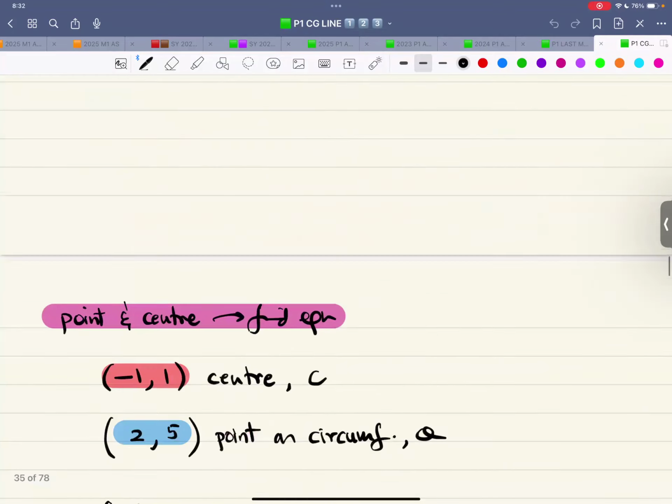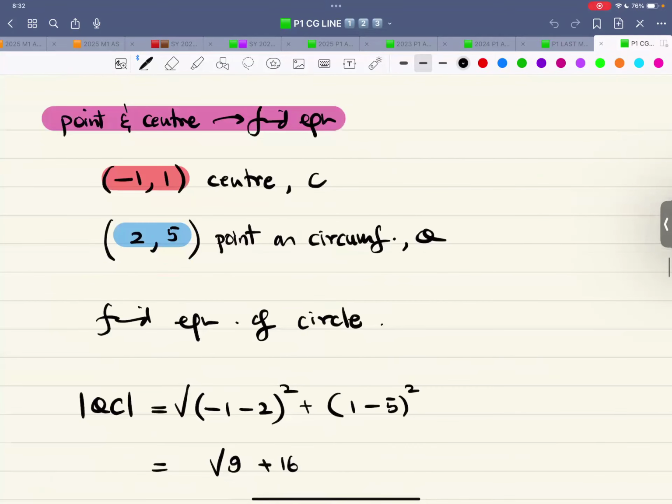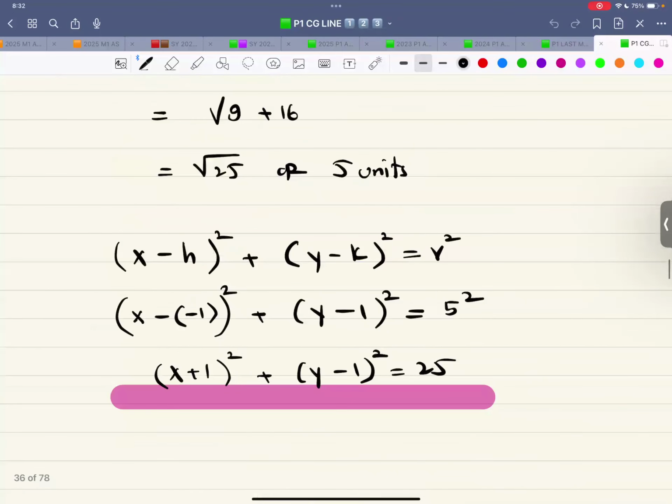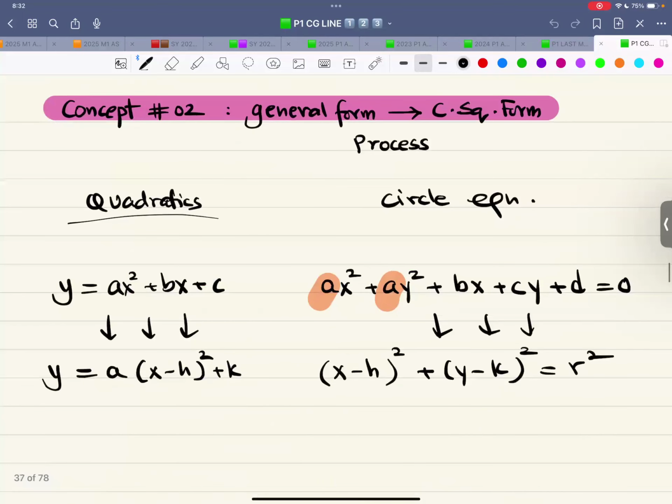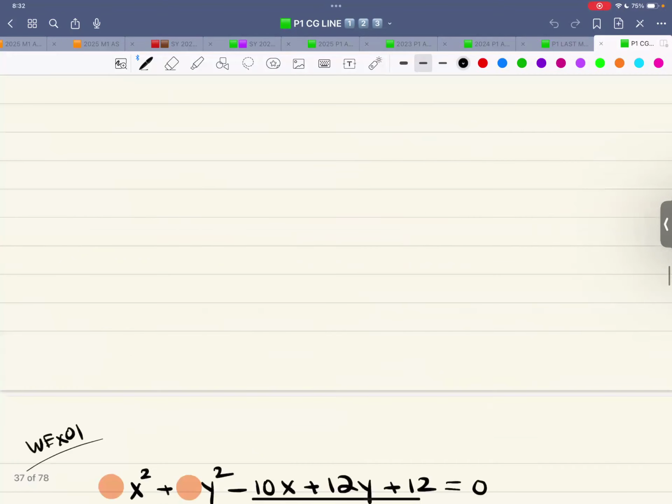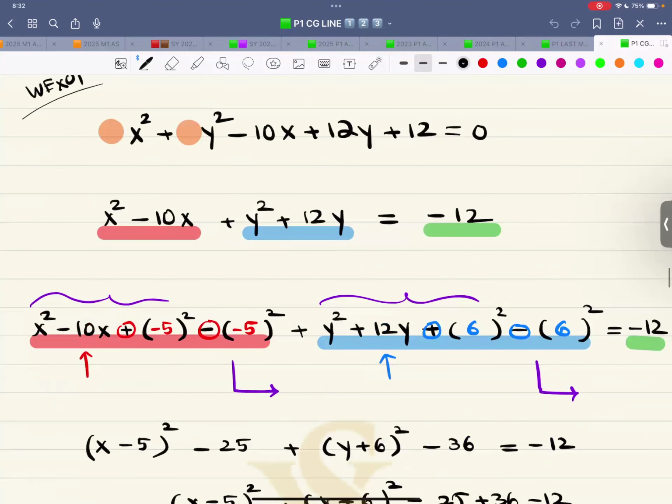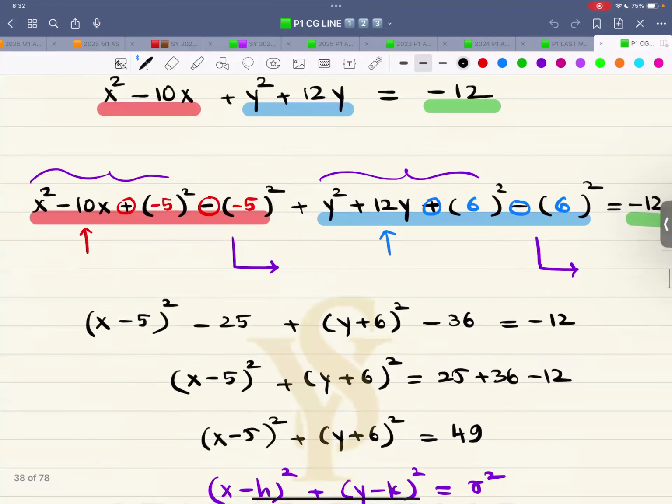Do not open up the brackets. There is a point on the circumference, there is a center: find the radius, find the equation. General form to the completed square form, that's an example. Make sure the coefficient of x square and y square is 1. So write the x square with the x term, write the y square with the y term, and the rest you know.